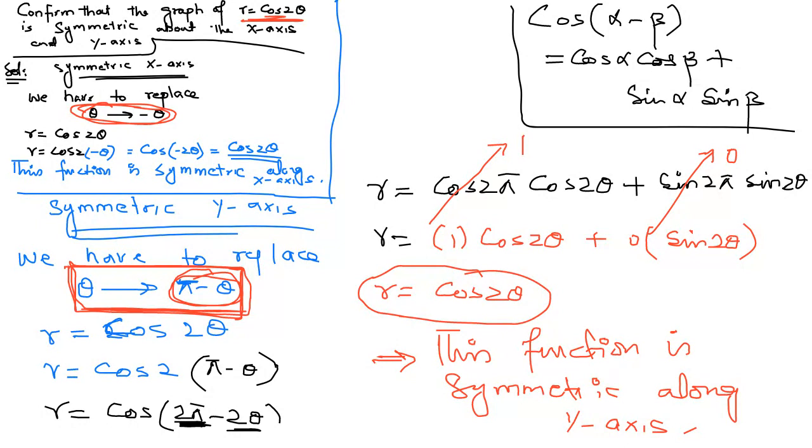Okay, good. Now, if there is a question that you have to sketch the graph for R is equal to A into 1 minus cosine of theta, okay, you have to sketch the graph for this one.